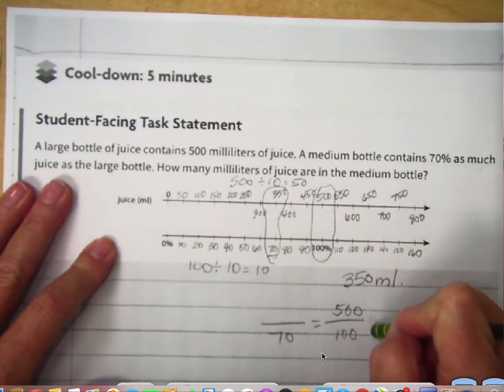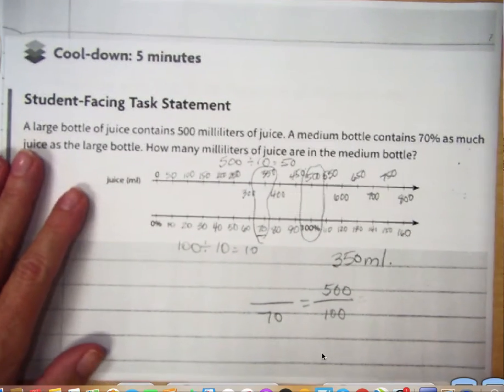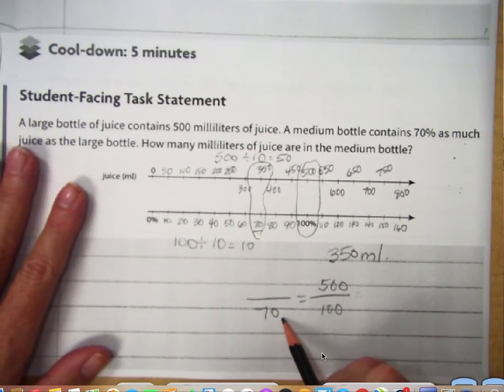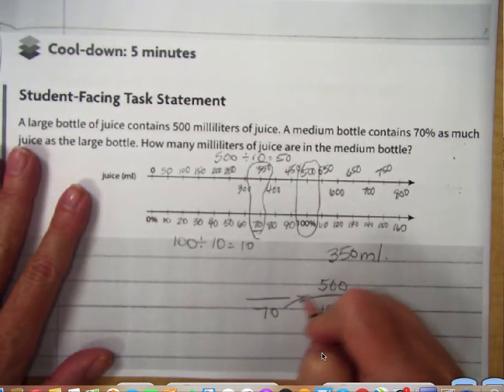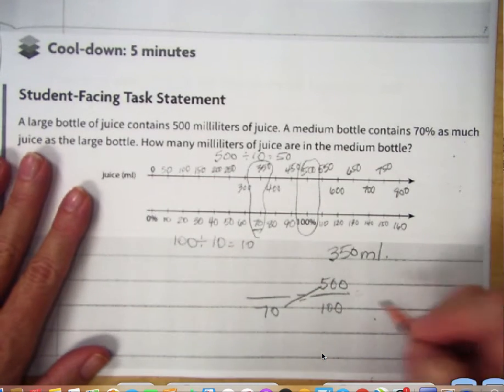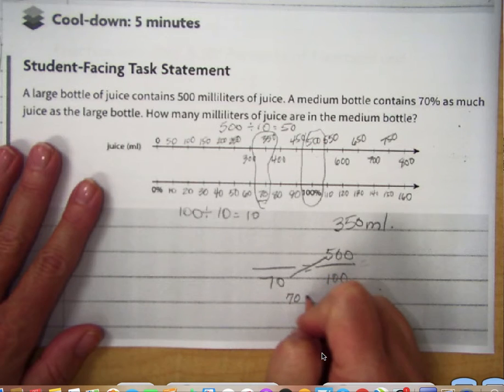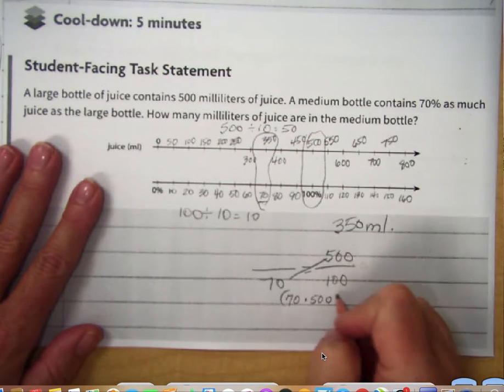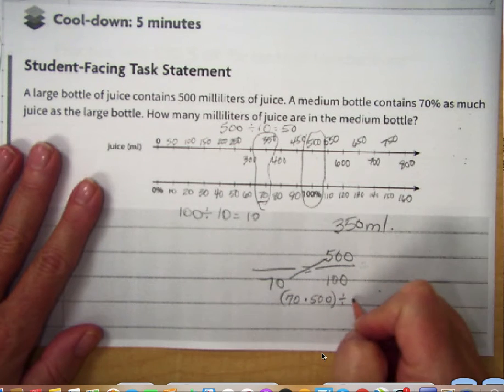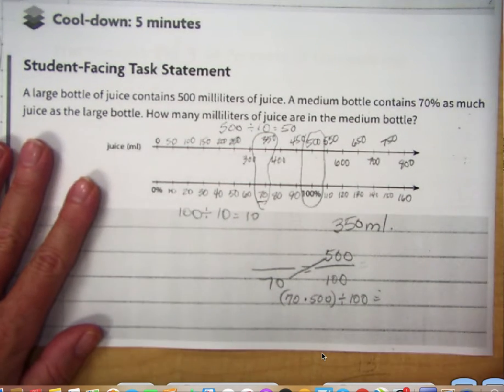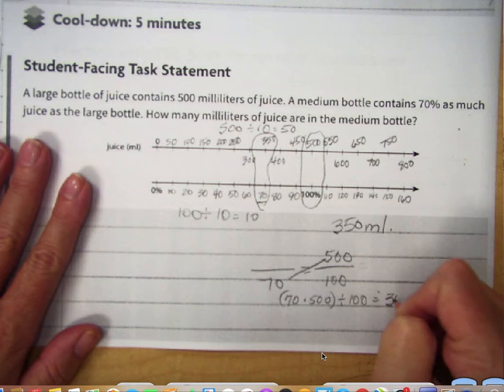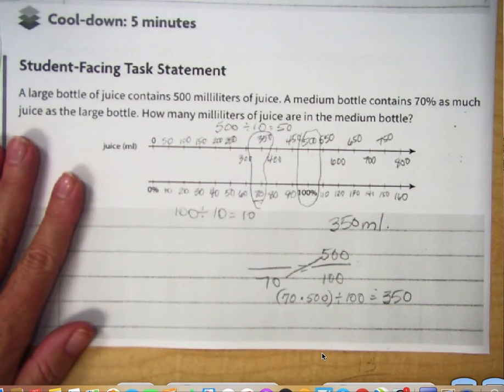Could I do a bit of cross multiplying to find my answer? Yes, I could. 70 times 500 and then divide by 100. That's another way that I could find my ratio. And you should still come up with 350.